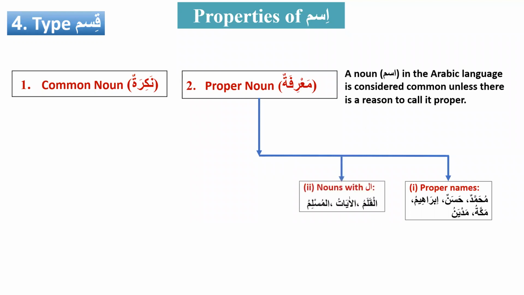Another one, al. This noun starts with an al. Al means "the," T-H-E in English. And we already know when the word "the" comes before an ism, it becomes a proper noun. Kalamun became al-kalamu. Ayatun became al-ayatu. Muslimun became al-muslimu.